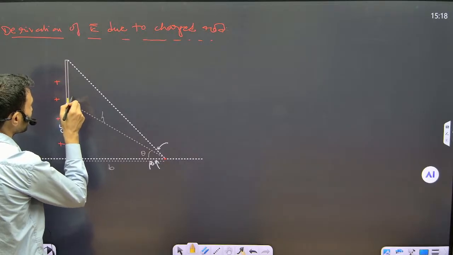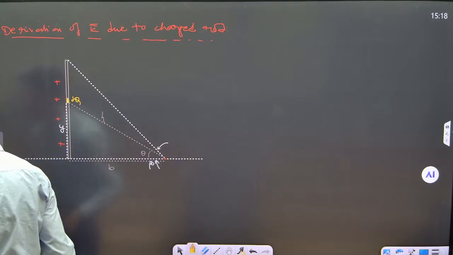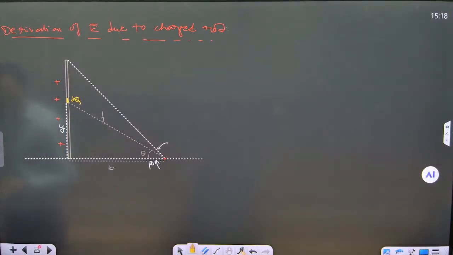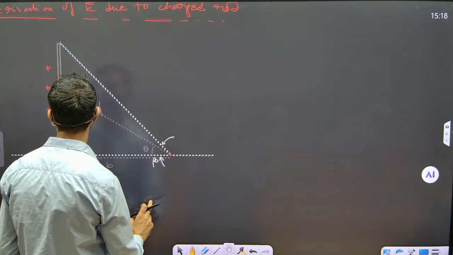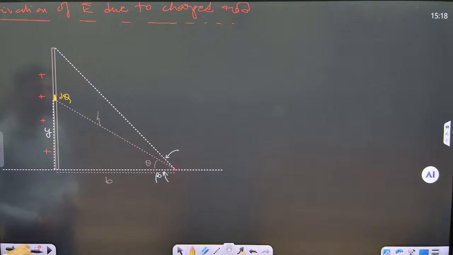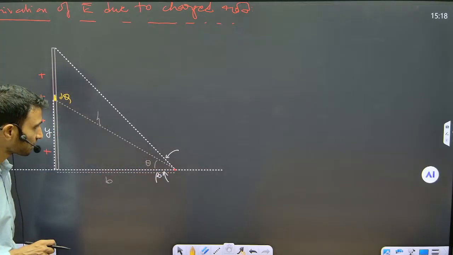Awesome drawing, right? These tools are so good. I'm really enjoying making the drawings here. Dq is a small element, like a point charge.